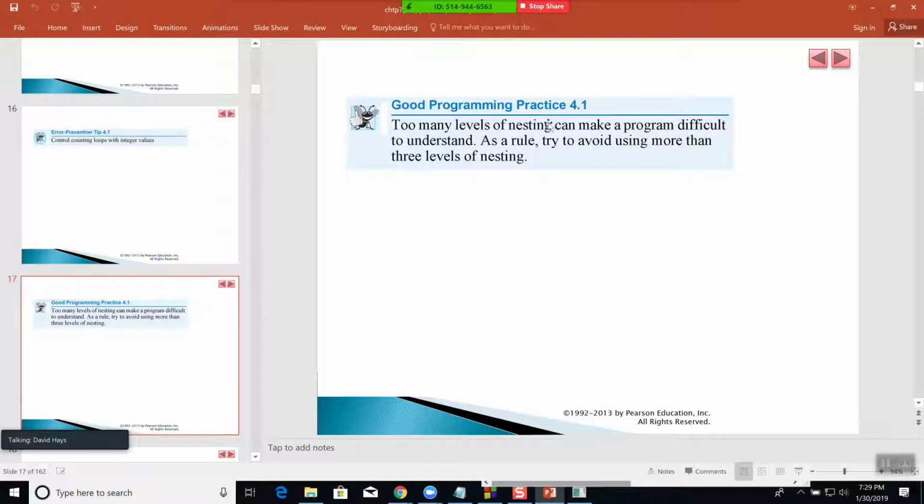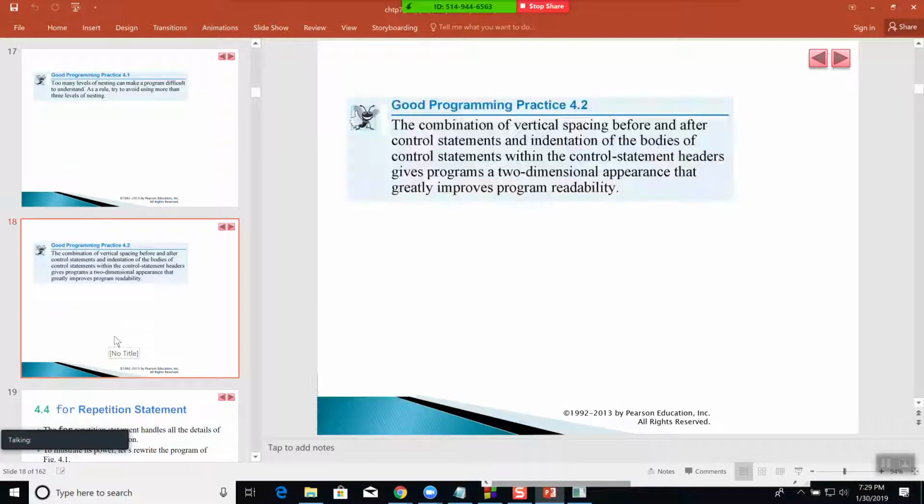This is what we're talking about. Too many levels of nesting can make a program difficult to understand. You'll find with the for loop, it simplifies this quite a bit, but don't use more than 3 levels of nesting. I'm assuming that's what they mean by nesting. Combination of vertical spacing before and after control statements and indentation of the bodies gives programs a two-dimensional appearance, greatly improves program readability.